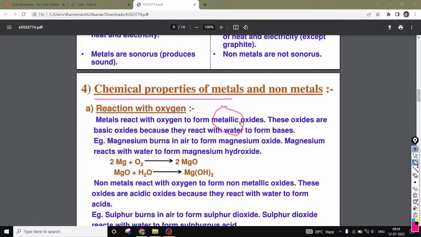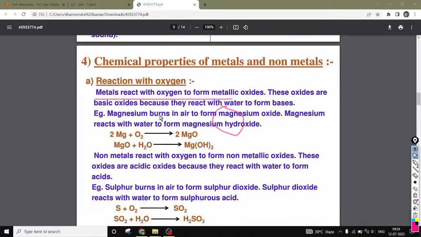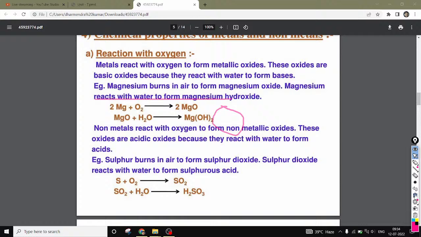So here we are discussing the chemical properties of metals and non-metals. The first point is reaction with oxygen, meaning how metals and non-metals react with oxygen. Metals react with oxygen to form metallic oxide.